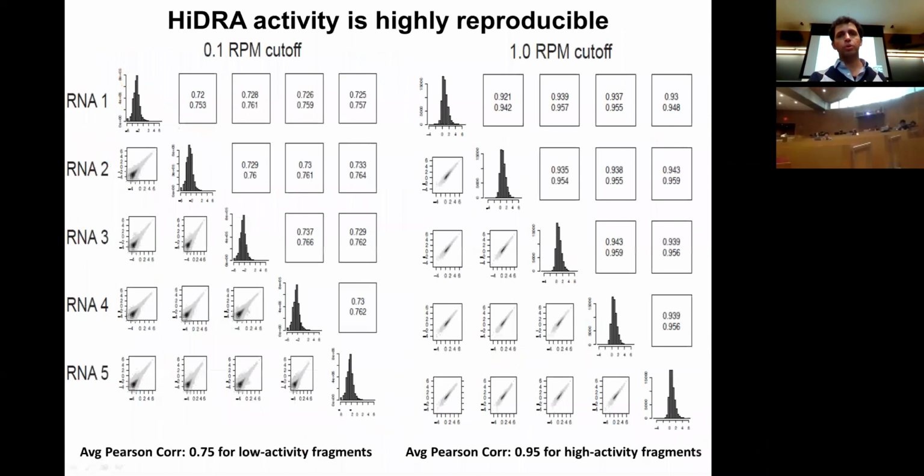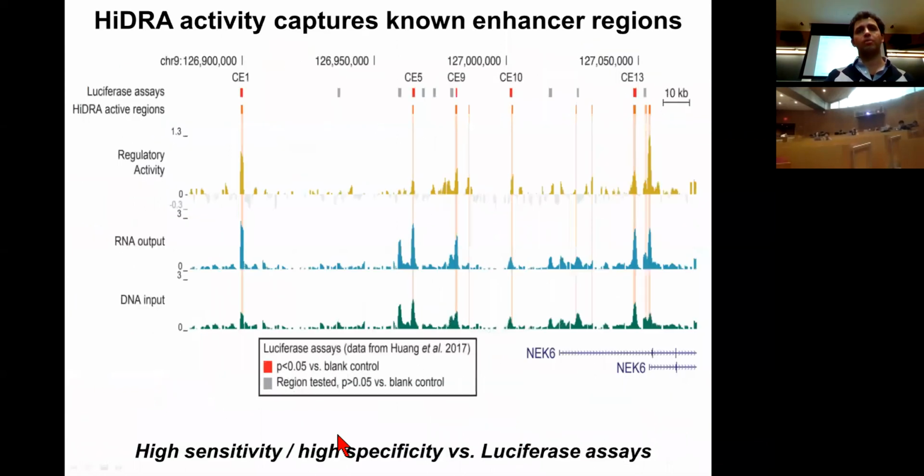This is highly reproducible, 0.95 correlation for these high activity fragments, 0.75 correlation for low activity fragments. And then if you look at a region that was previously tested laboriously using luciferase assays, they basically tested all these elements shown here at the top, and then the red ones among them were the ones that showed activity. You can see here that our DNA input is in fact capturing all these elements and therefore testing them.